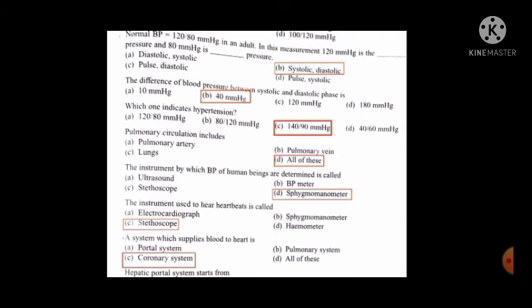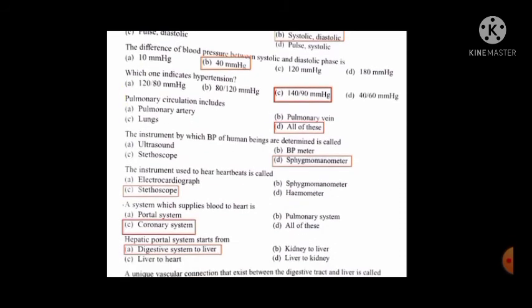Pulmonary circulation includes the pulmonary artery, pulmonary vein and lungs, all of this, because the blood flows from the right ventricle through the pulmonary artery to the lungs, and then from the pulmonary vein it comes to the left auricle from the lungs.